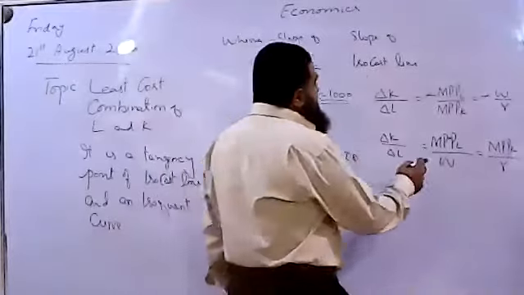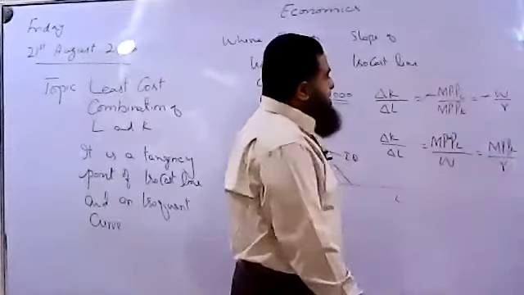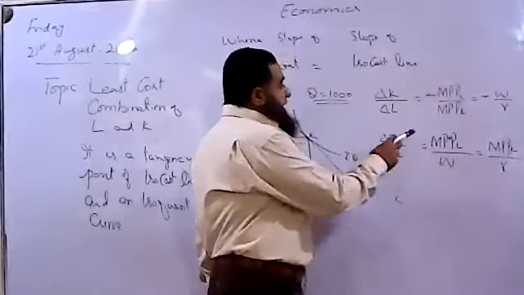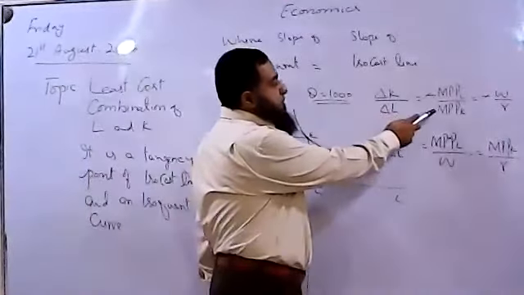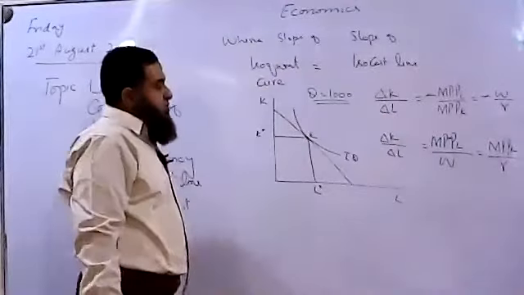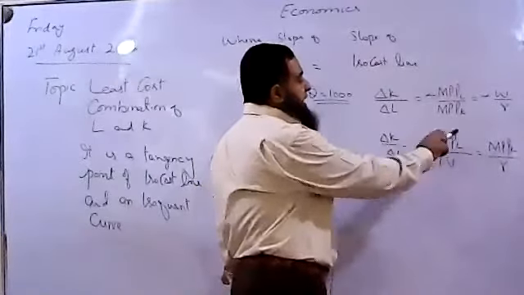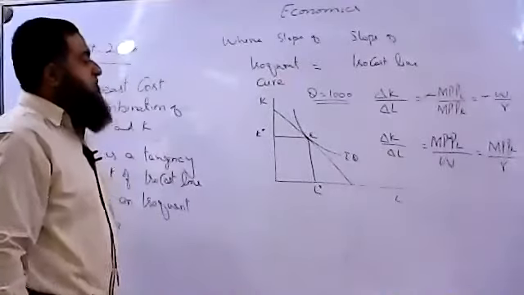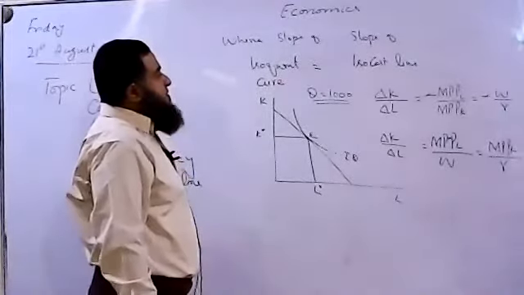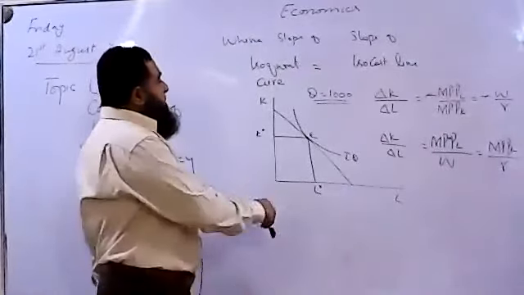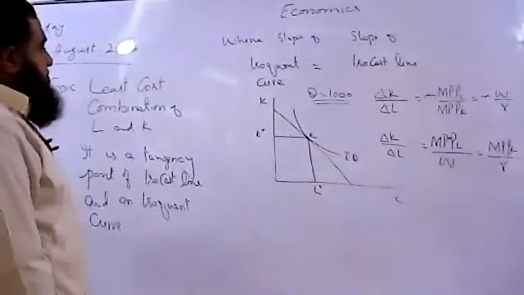So when these ratios are equated, we can find that the least cost combination of labor and capital will be the point where this marginal productivity ratio is equal to their relative price ratio. Or we can say when each dollar spent on labor and capital has the same marginal physical product, at that point the cost of production of the producer will be minimized, and he is using the optimum combination of labor and capital in order to produce 1000 units of output.